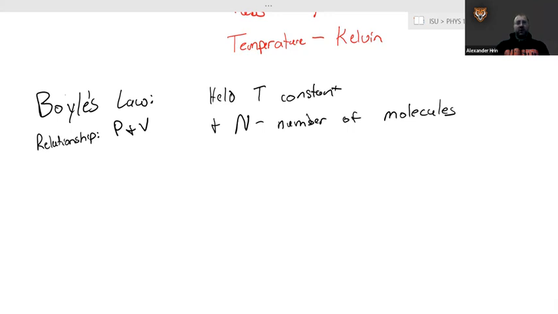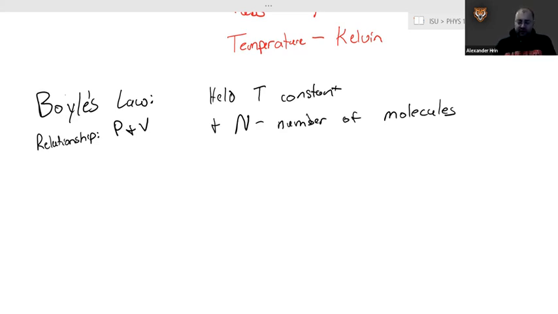Basically, what you don't want to be doing is introducing extra matter into the situation. Figuring out how many molecules, figuring out how to measure that accurately is actually somewhat difficult. So Avogadro's law is the last one we'll cover, but in any event, we'll get to that in a minute.